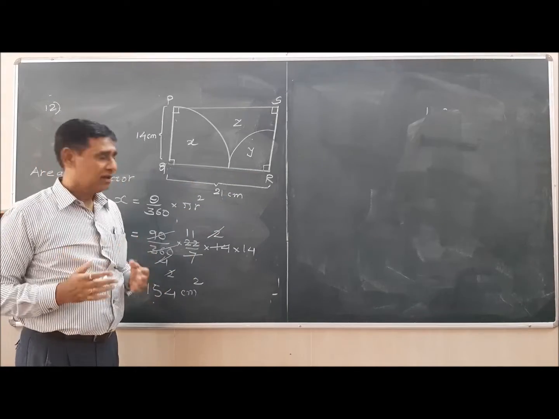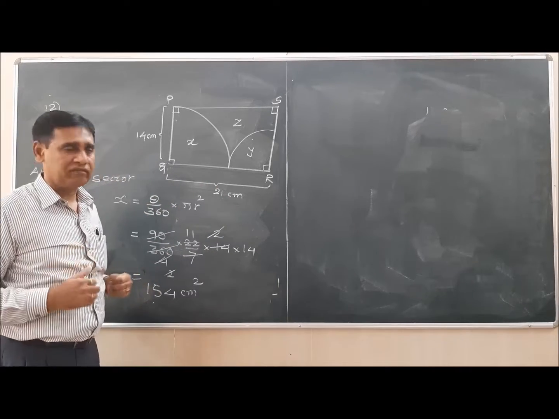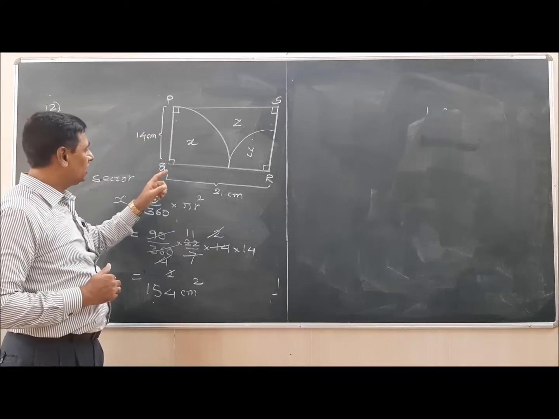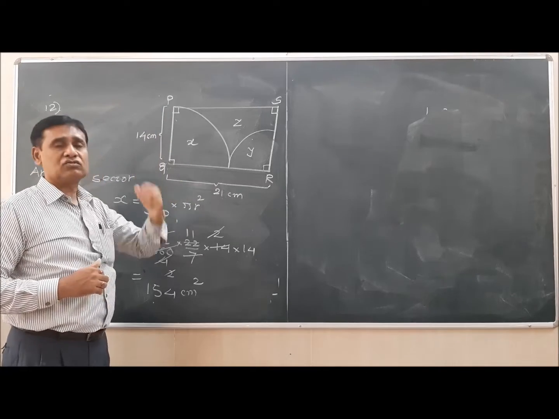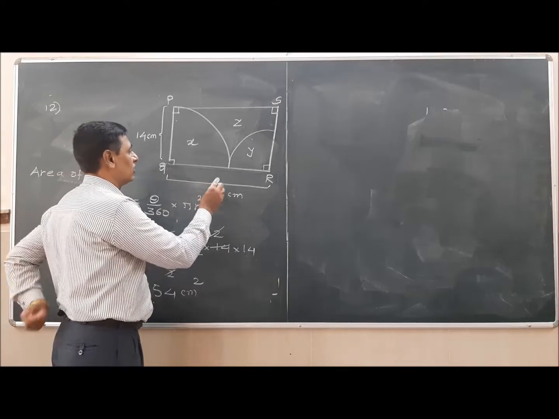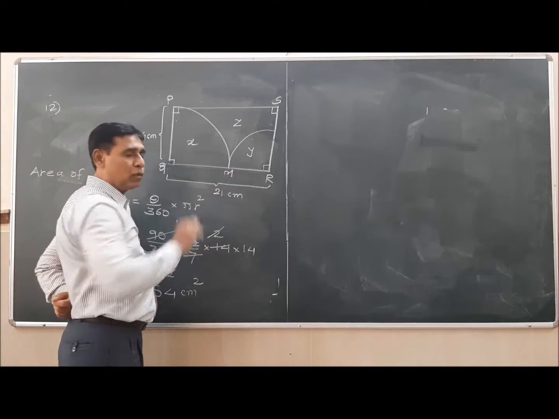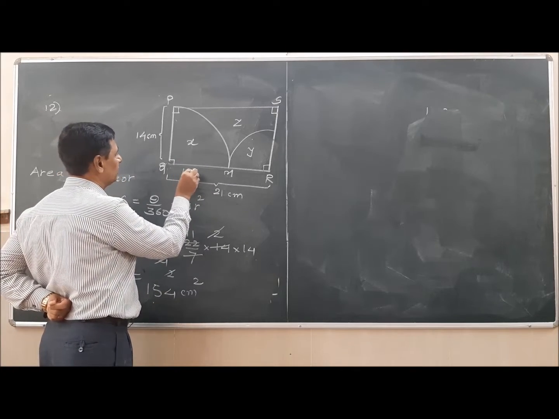But see, here the value of QR is known to us, which is 21. As well as the value of PQ, which is the radius for sector X, and that is also the radius here. So for the sake of convenience, if I take M over here, then I get the value of QM also 14.